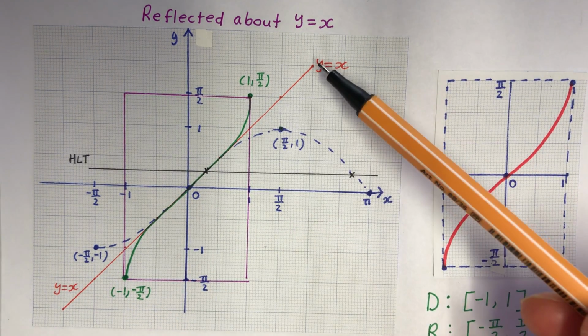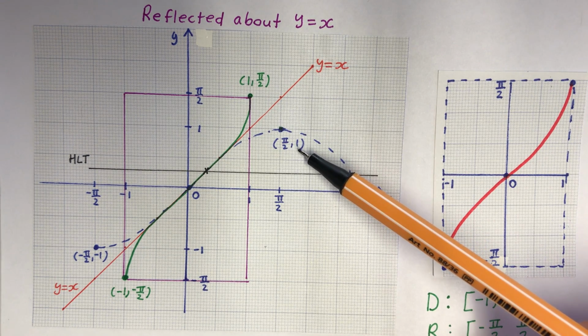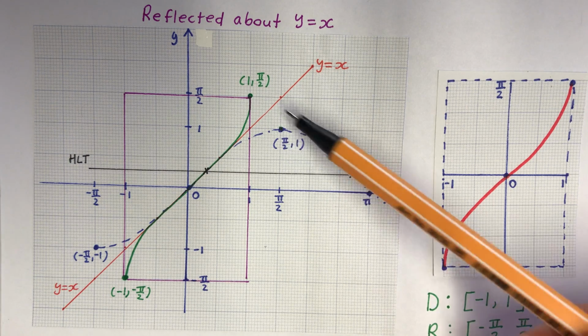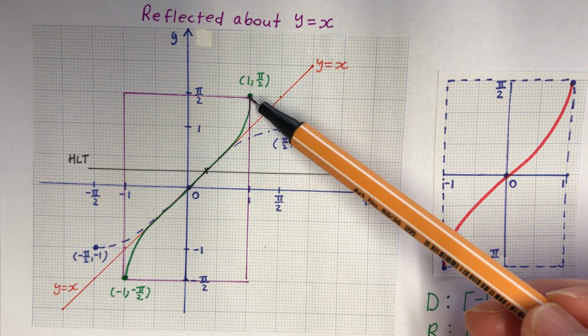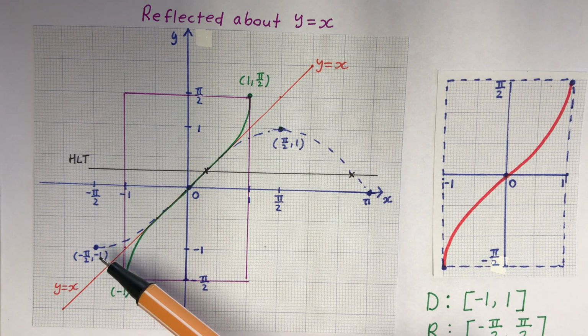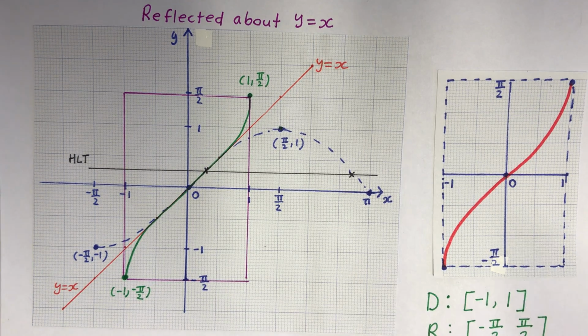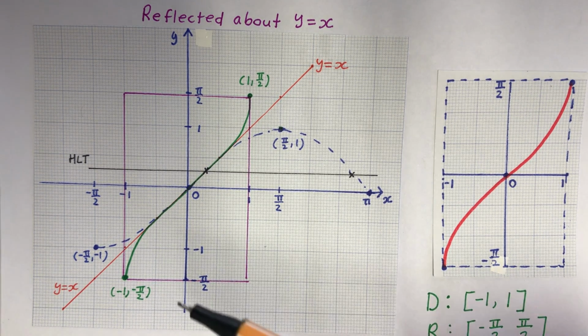So it'll be pi over 2 and 1. If I reverse that, it'll be 1 and pi over 2, so it's going to be here. Same thing, minus pi over 2, minus 1: I reverse this one and it'll be minus 1 and minus pi over 2. When I say reverse, the x and y coordinates swap around.